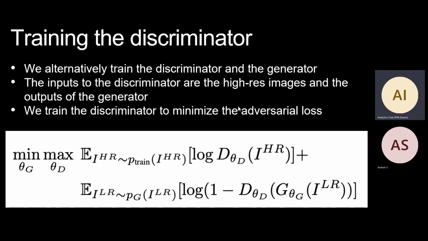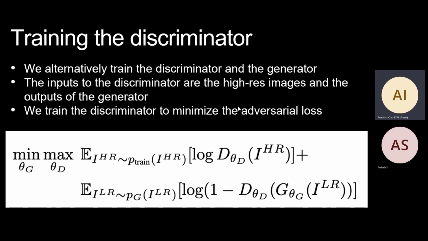As I said before, the input to the generator is a low resolution image. It's not random noise, because that is the task that we are trying to do, right? We are trying to take some low resolution image and get a higher resolution image. So we want our GAN to function that way. The way we get this low resolution image is we take a higher resolution image, apply some kind of downsampling to reduce its resolution, and input it to the generator.